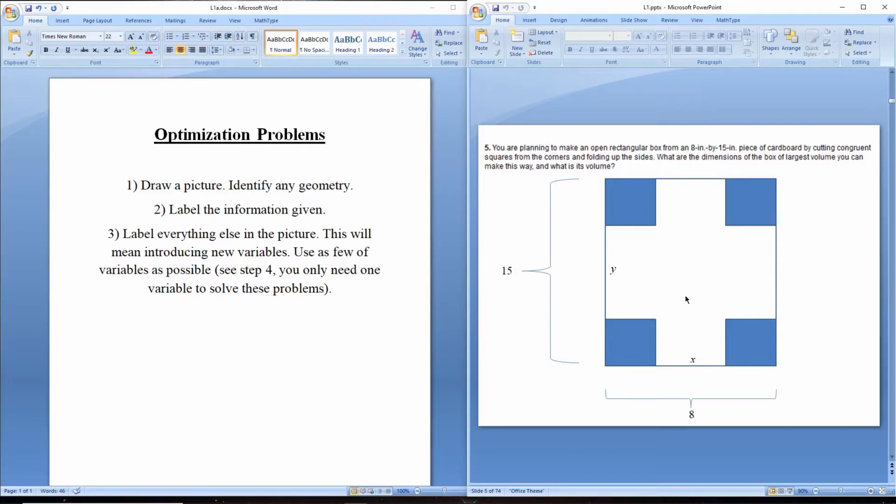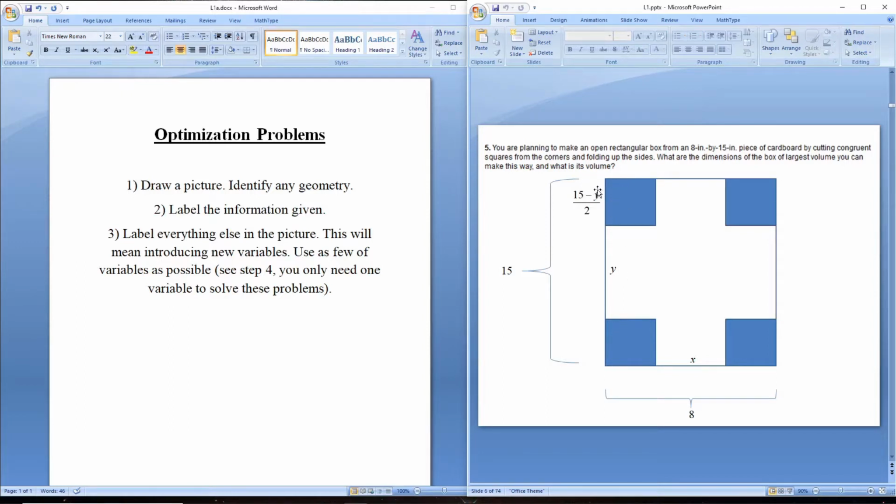What this allows us to do is figure out now the blue stuff. In terms of y, because we know the whole length is 15, but the white part here is y, so 15 minus y will give the blue part.